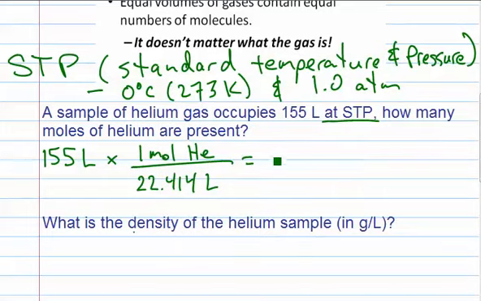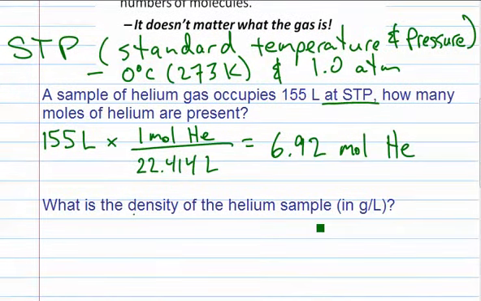So here we have 6.92 liters, or excuse me, moles of helium. Again, it doesn't matter what gas we're talking about. This could be moles of nitrogen gas, or moles of argon gas, or moles of sulfur hexafluoride, or oxygen, or acetylene. You pick your favorite gas. They will have the same volume.